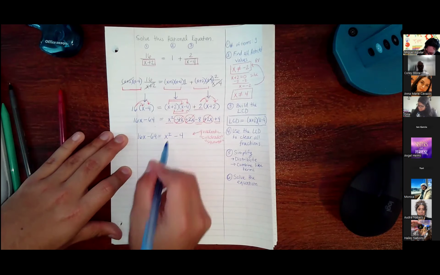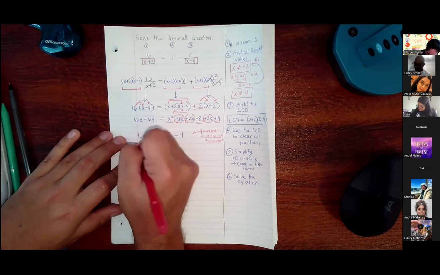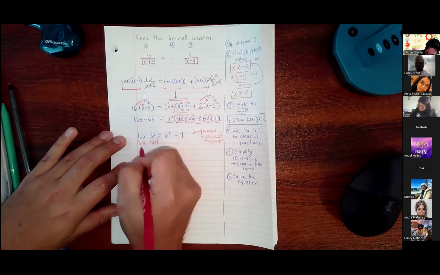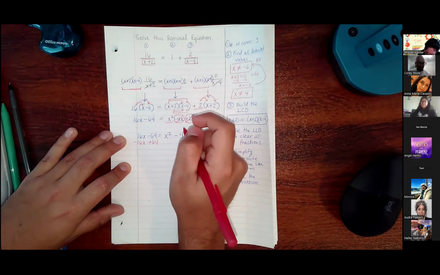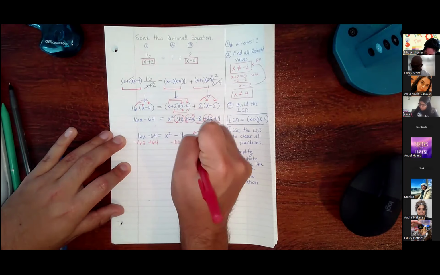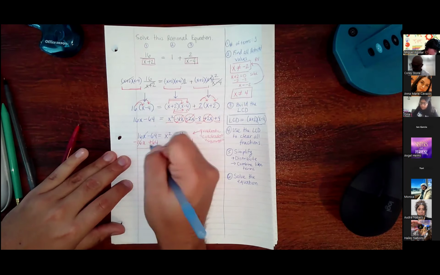We do need to get this in standard form. So I'm going to go ahead and subtract the 16x and add the 64 so I can move them to the other side. So I'm going to subtract 16x and add 64 so that now these guys will cancel out.